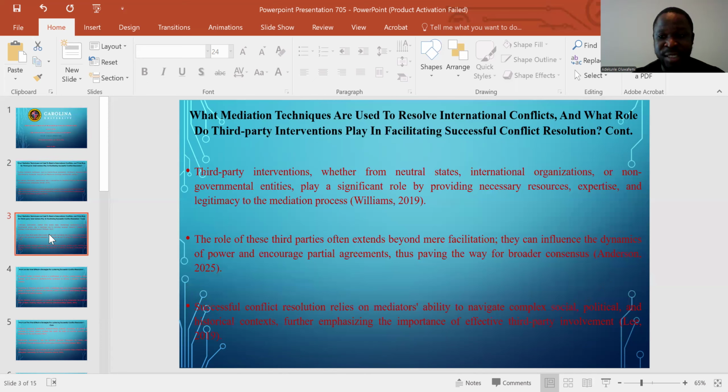They can influence the dynamics of power and encourage partial agreement, thus paving the way for broader consensus. This is according to Anderson 2025. Successful conflict resolution relies on mediators' ability to navigate complex social, political, and historical contexts, further emphasizing the importance of effective third-party involvement.